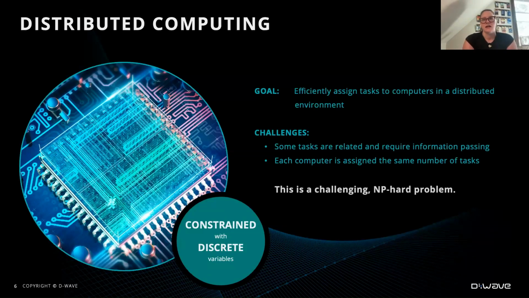Our challenges here are that some of these tasks are related, so we can't just split them ad hoc. We have to be careful about this. Some of the tasks are related. Let's say task 7 is related to task 15, so we need information from task 7 to be able to complete task 15.